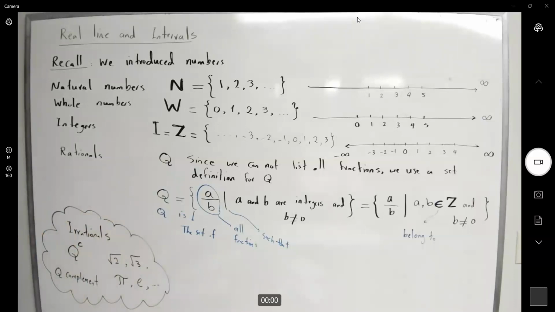Still, if you graph these two separately, you're going to have some gaps. But if you graph them together, you're going to have the whole real line.